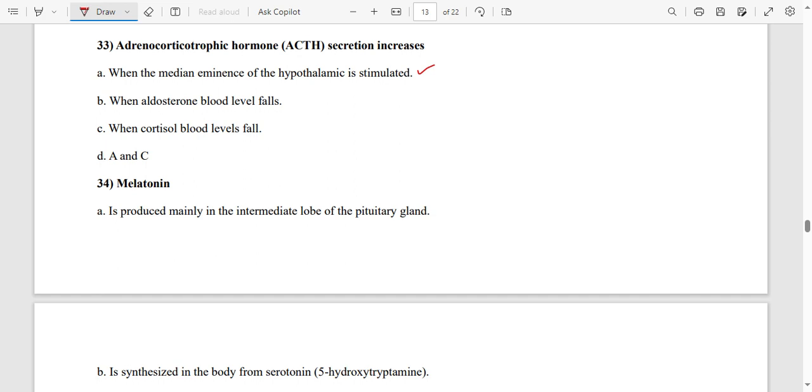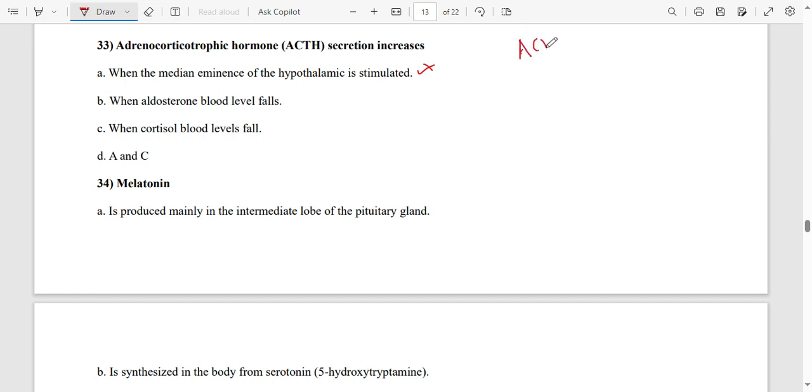So the paraventricular nucleus in the hypothalamus will secrete corticotropin releasing hormone, and that actually acts on the anterior pituitary to produce ACTH.